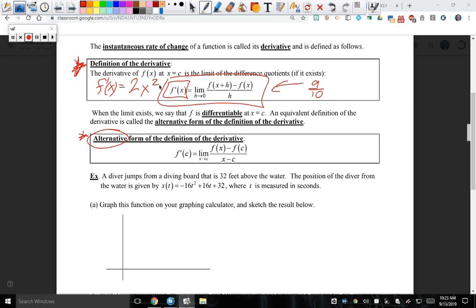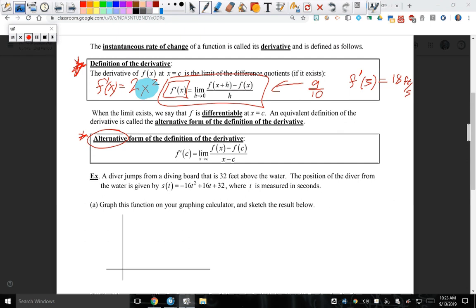I want to know how fast something is traveling in 3 seconds. Let x equal time. So if I put 3 right here for x, we know that it's going to be 3 squared is 9, times 2 is 18. So let's say 18 feet per second. So this is just an example problem. At 3 seconds, we have 18 feet per second. That's the velocity of this particle.